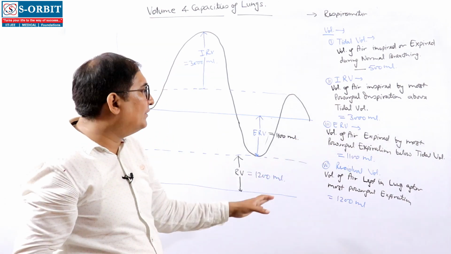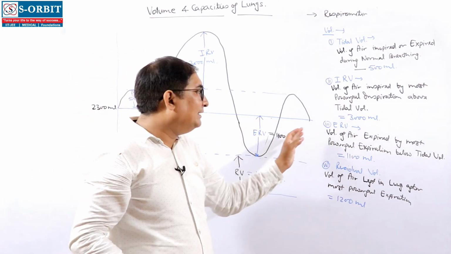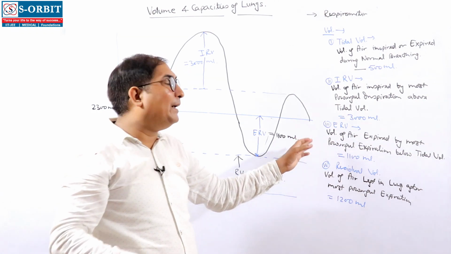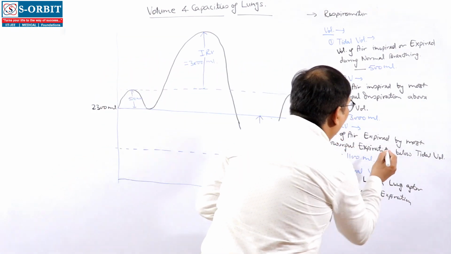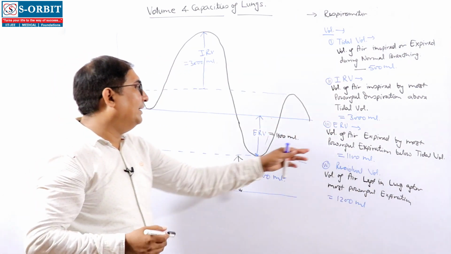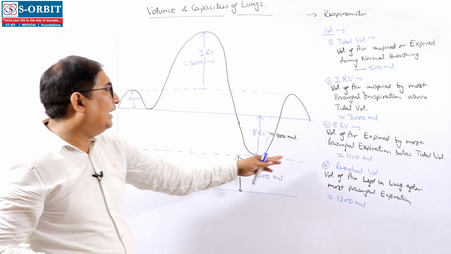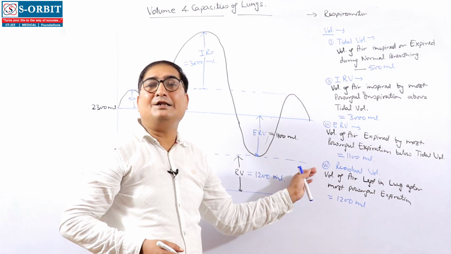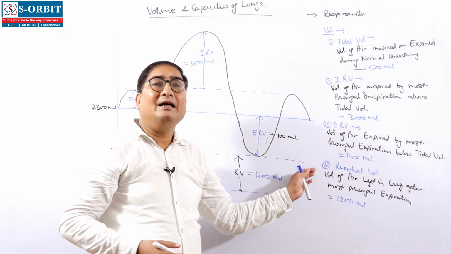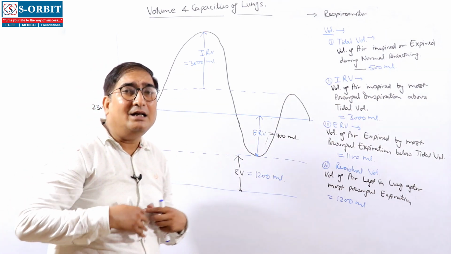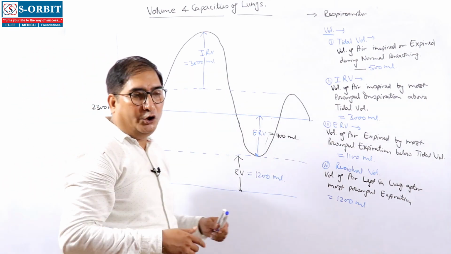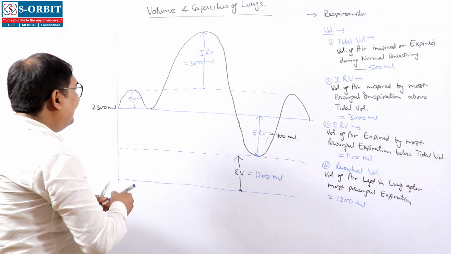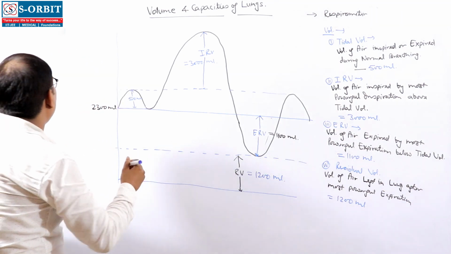The expiratory reserve volume is the volume of air that is expired by most powerful expiration below tidal volume, and it is about 1100 ml. And the final is residual volume. Residual volume is the volume of air that is left in our lung after most powerful expiration. These are the volumes. Now the capacities of lungs.